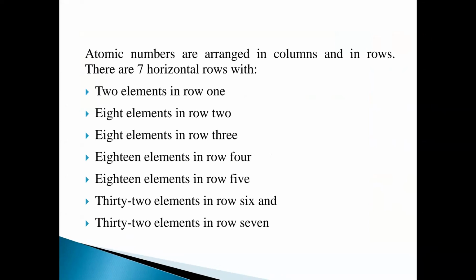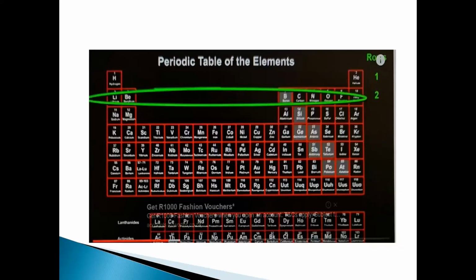We went on to say 8 elements on row 2, we counted, we got 8, right? 8 elements on row 3 and so on until 32 elements on row 7. So you saw how the rows are counted going down and how the elements are counted in the rows. Now, the periodic table of elements looks like this. This is the formal one, right? The other one is also formal, but there's not so much difference except for me who already knows, right?